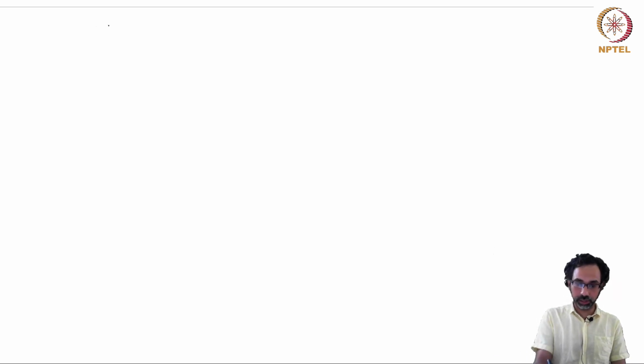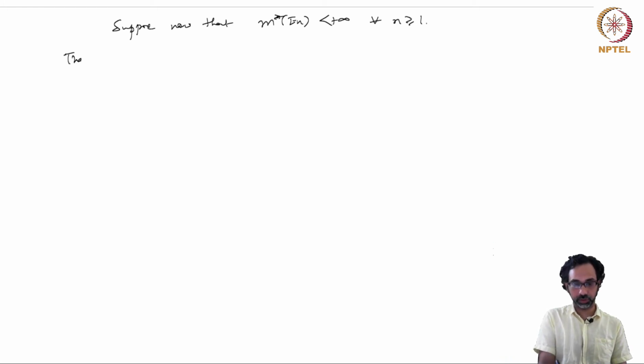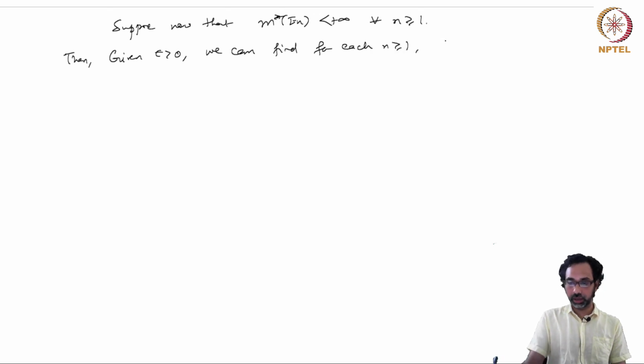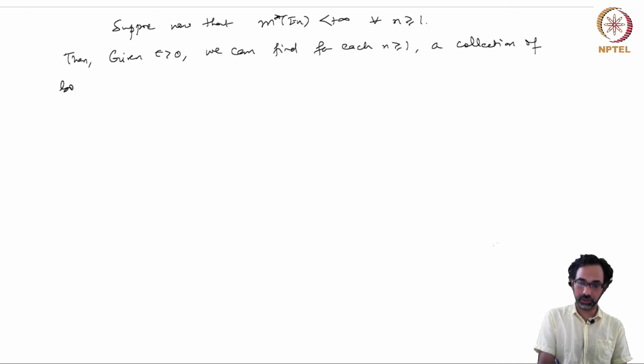So, suppose now that m star En is finite for all n. Then given epsilon greater than 0, we can find for each n greater than or equal to 1 a countable collection of boxes, b n m from 1 to infinity.